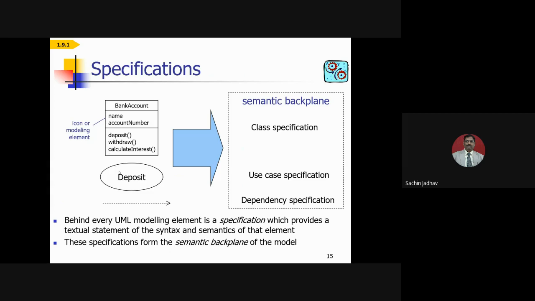These specifications are known as the semantic backplane of the model, because if any new user comes, they will see the specification and understand that particular model, since it is possible only through documentation. So while you are visualizing any model, you should also document it with the help of its specification. These are the common mechanisms when we are developing software through the UML model.